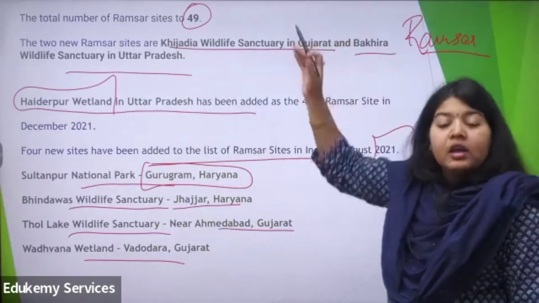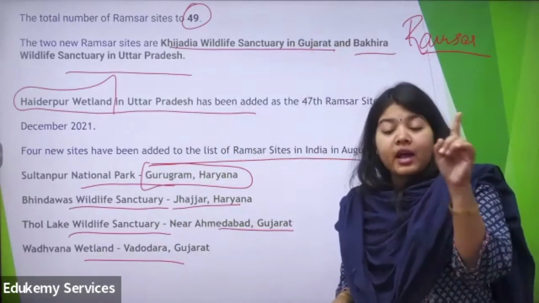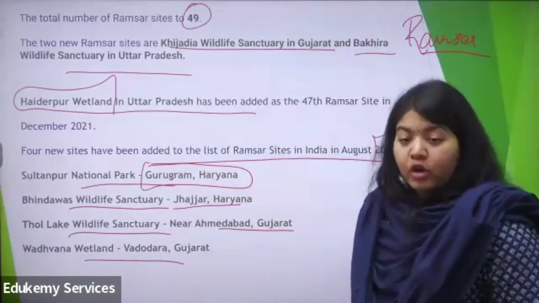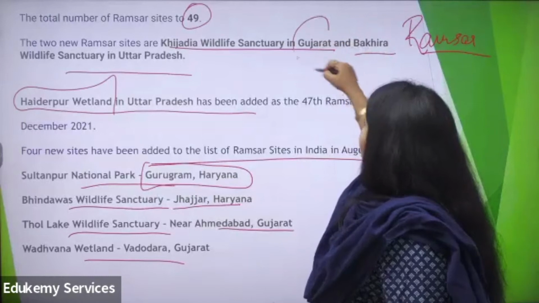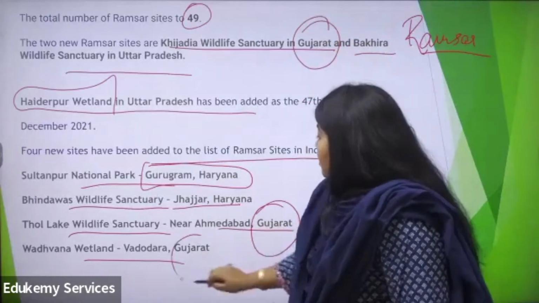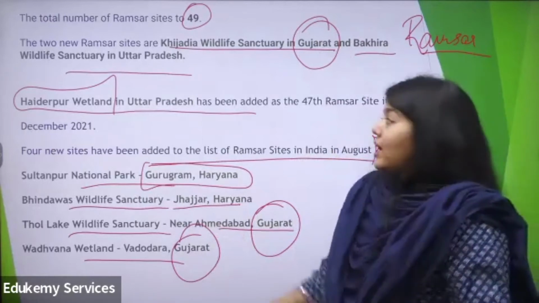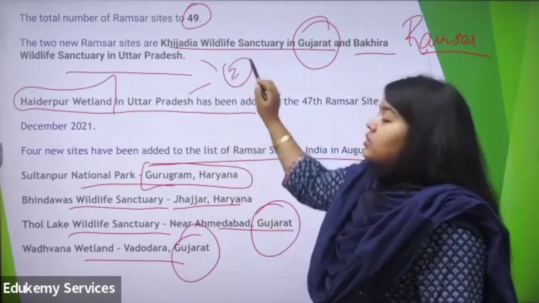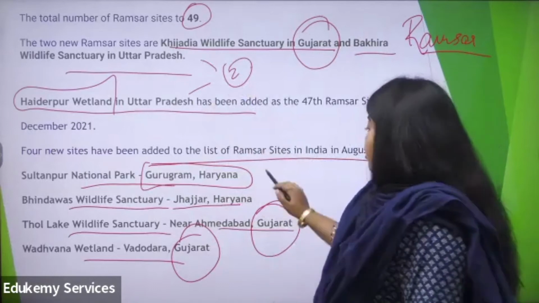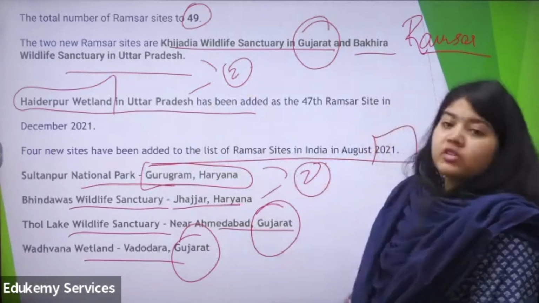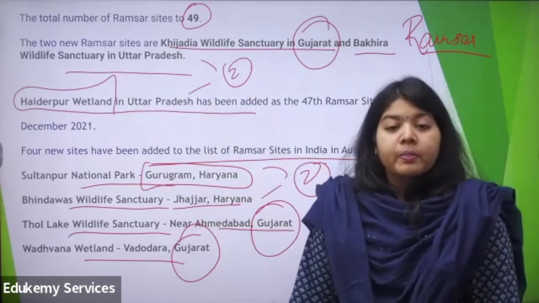So in the last 1.5 years, that is the time you have to prepare your current affairs for. In 1.5 years, I have got 3 sites from Gujarat which have been added, 2 sites from Uttar Pradesh, and 2 sites from Haryana which have recently been added.